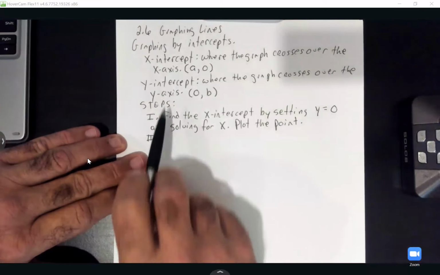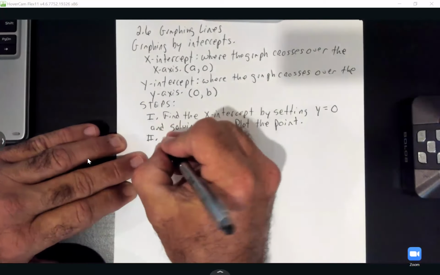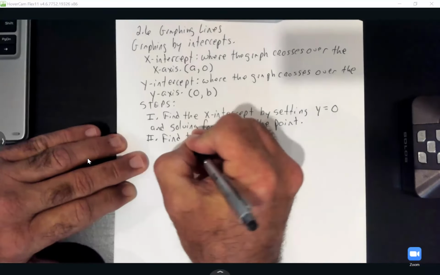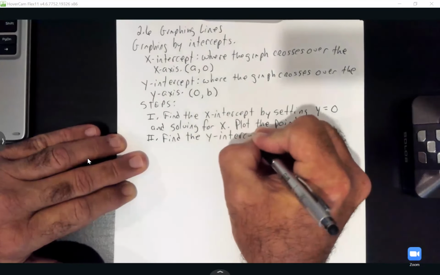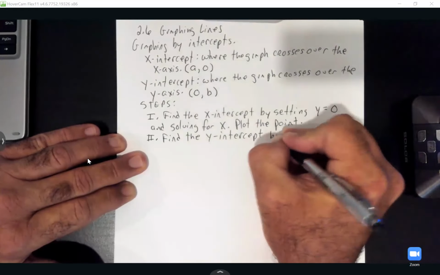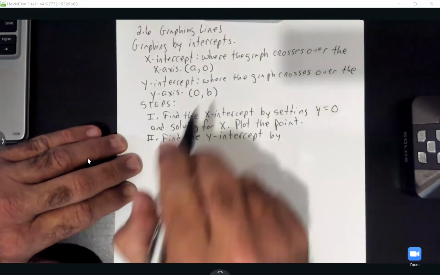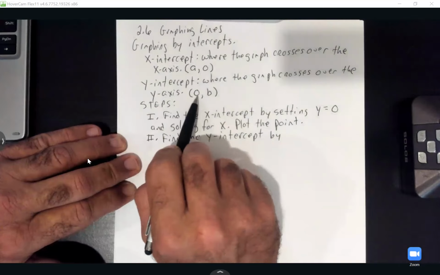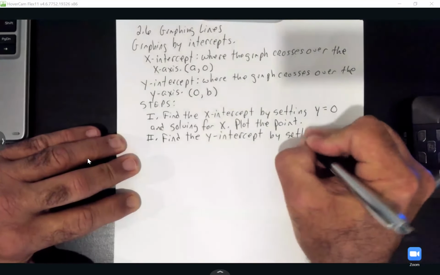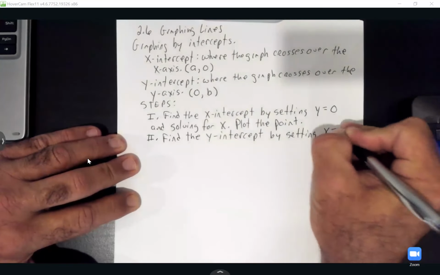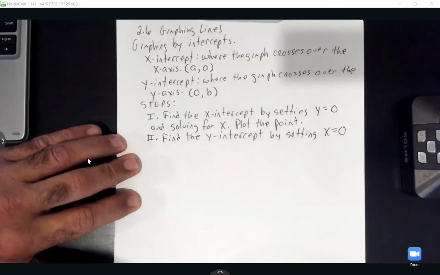So the second thing I'm going to do is find this y-intercept by setting x equal to 0, because notice on the y-intercept, x is 0. So we find it by setting x equal to 0 and solving for the y.